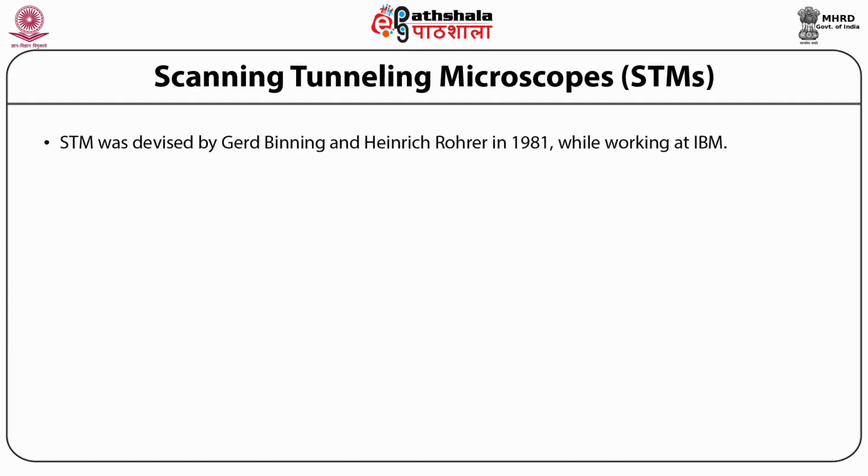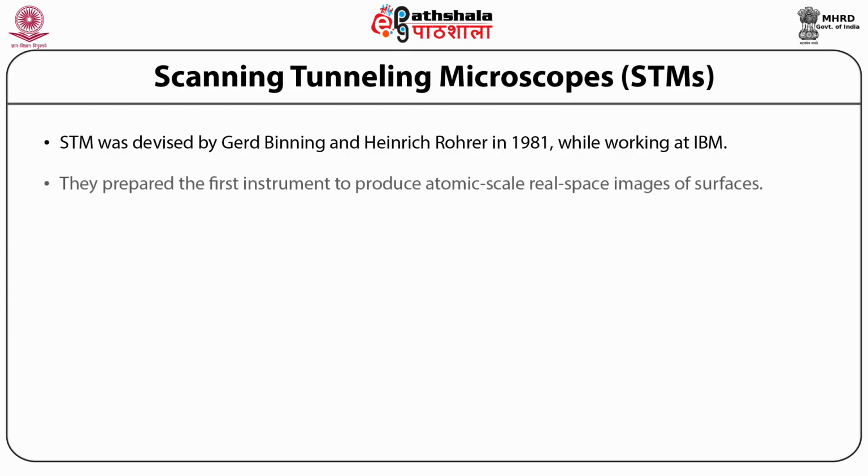STM was devised by Gerd Binnig and Heinrich Rohrer in 1981 while working at IBM. They prepared the first instrument to produce atomic scale real space images of surfaces. They were awarded the Physics Nobel Prize for this work.